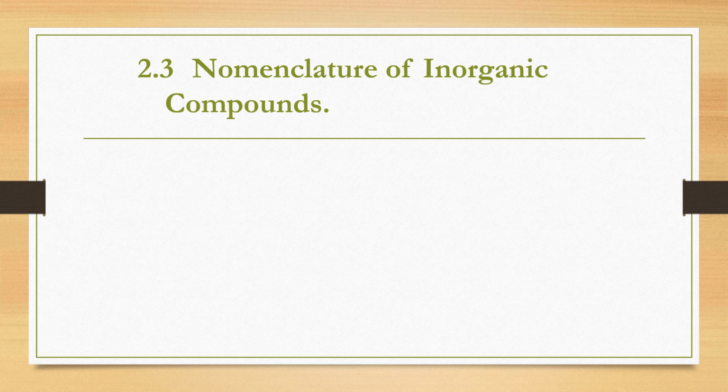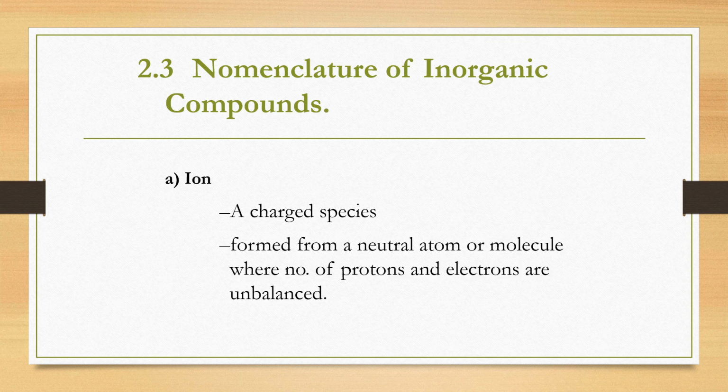The first part is ion. What is an ion? An ion is a charged species. It is formed from a neutral atom or molecule where the number of protons and electrons are unbalanced.